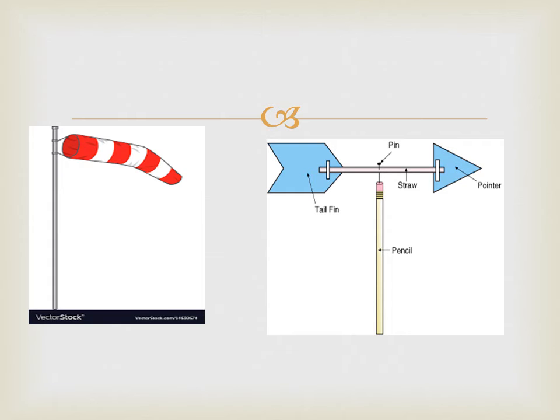I repeat, the wind vane pointer, that is the arrow, always points to where the wind is blowing from. If the pointer is facing south, the wind is blowing from south to north.